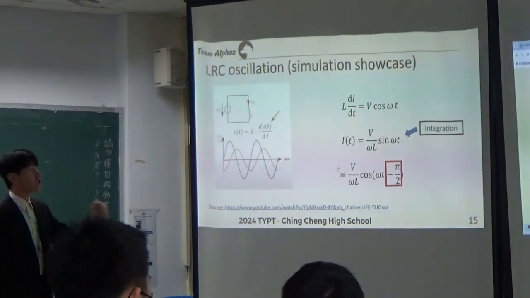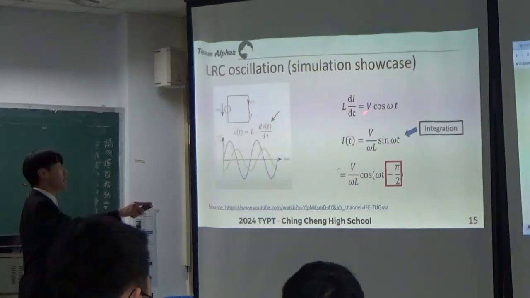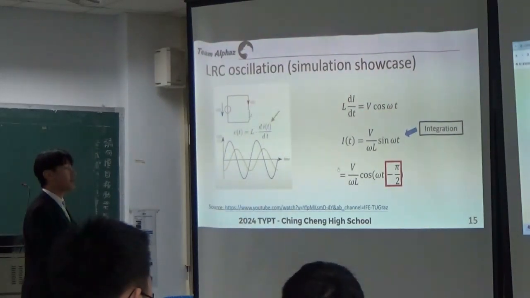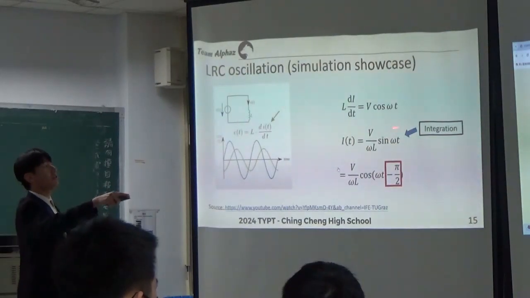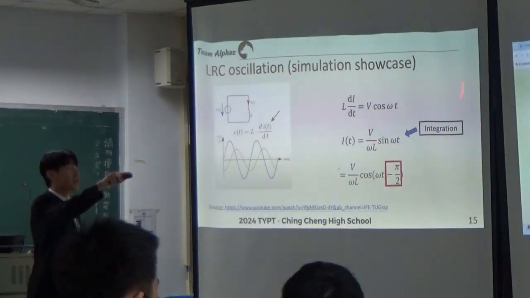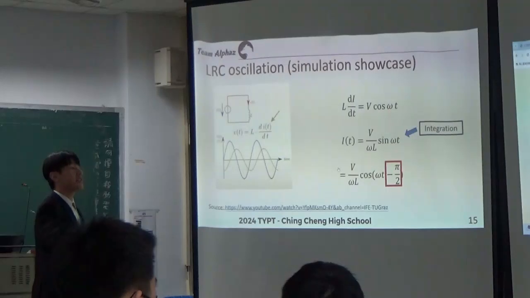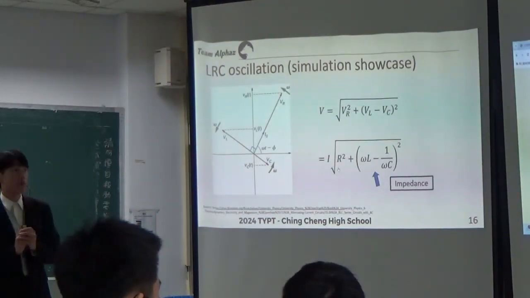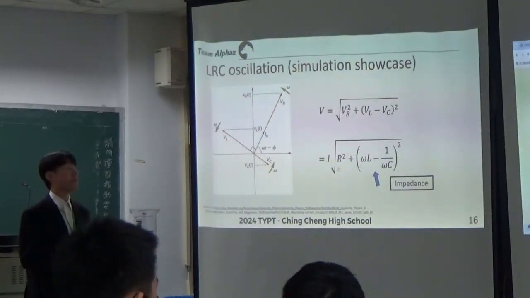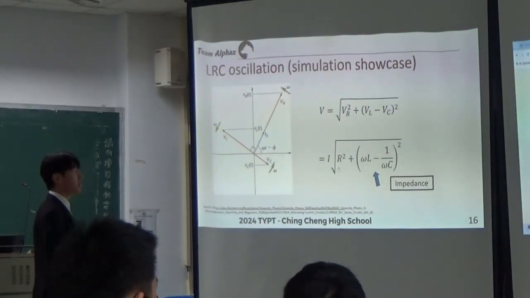When it comes to the inductor, from the derived formula, the current comes from the integration of the inductor's behavior, and there will be a minus 90 degree phase change, which is the most important factor that causes the whole phenomenon today.